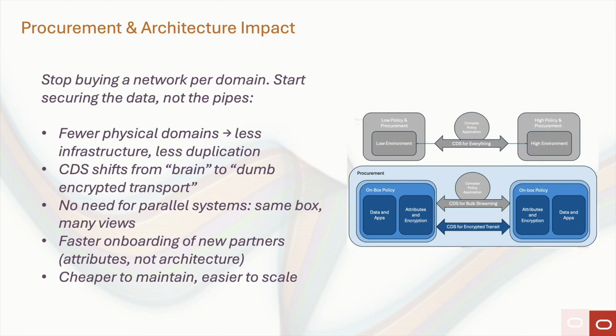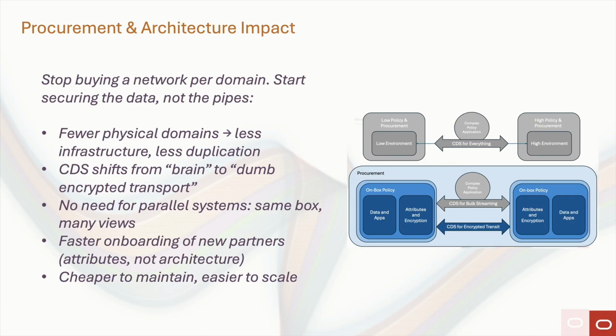This does have an impact on procurement and architecture because you can stop buying a network per domain and you can start securing the data, not the pipes. Fewer physical domains means less infrastructure, means less duplication, no more twin laptops, no more doubling up on everything.